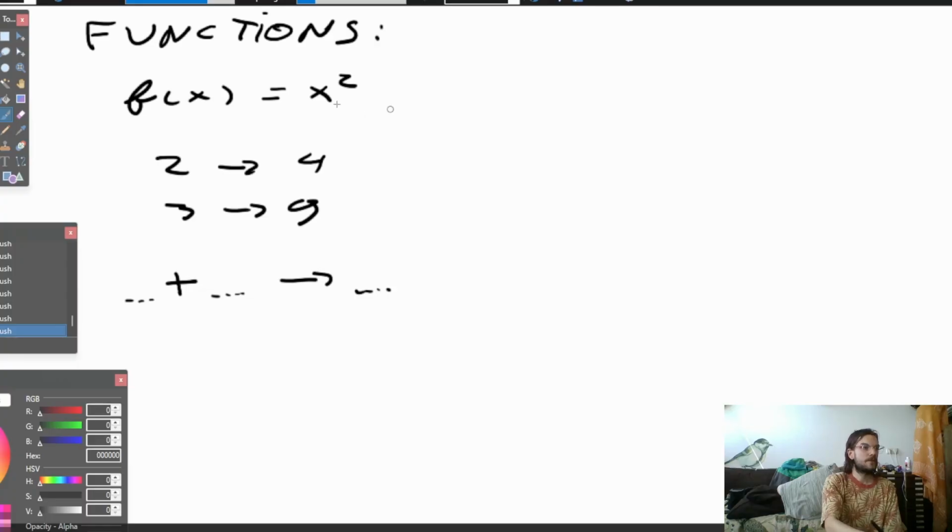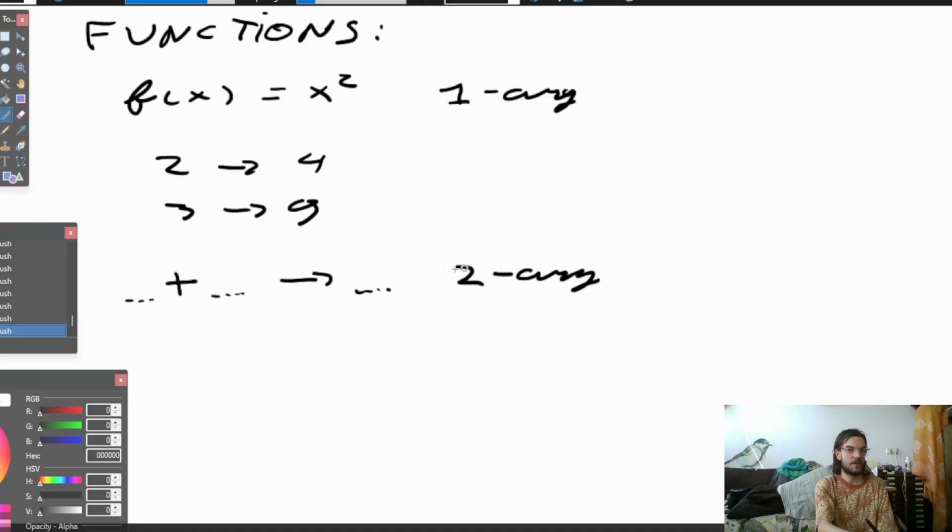So this function we call one-ary, because it grabs 1 term, whereas this function we call two-ary or binary sometimes, but not to be confused with binary counting. It just means it has 2 input terms.